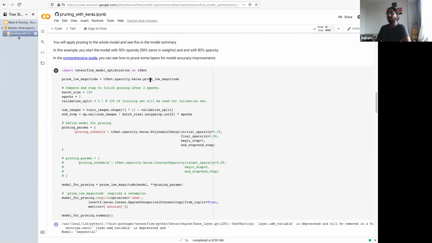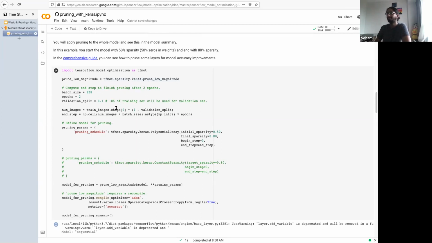There are different ways we can do pruning, but the way that is most commonly used and which is supported in TensorFlow right now is low magnitude pruning, which is what we talked about previously as well, where we remove the weights that have the least value. So we'll initialize that as our pruning method.